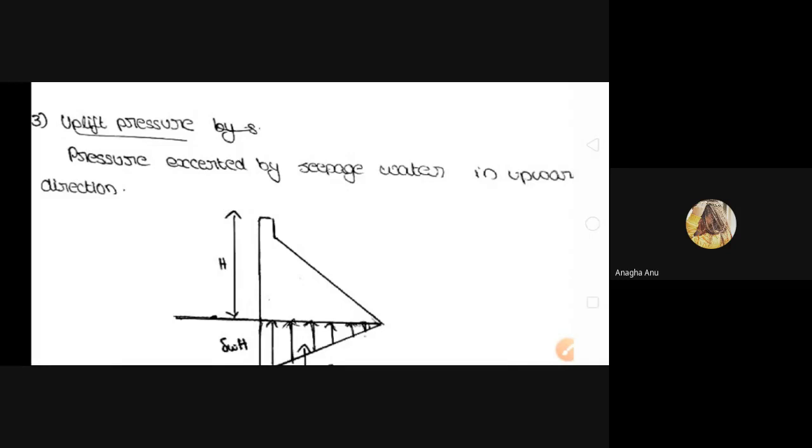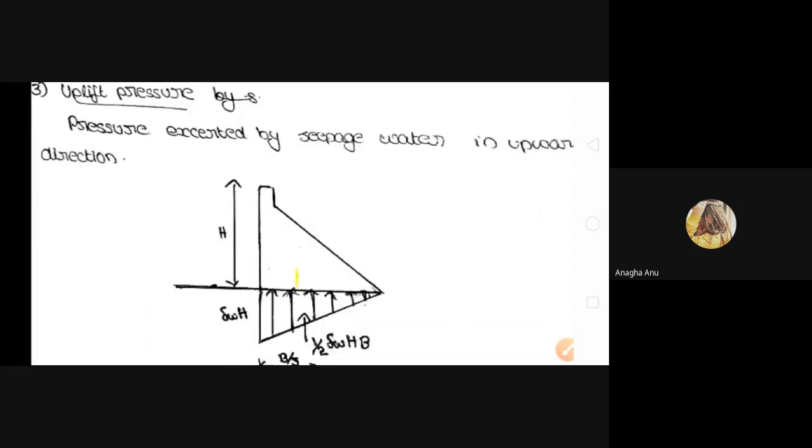Which causes the uplift pressure? Okay, it's seepage water.